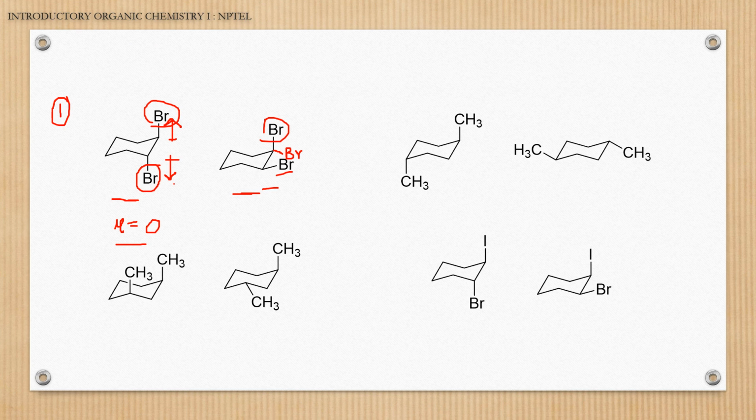That is why it is setting the conformation to a higher level of stability than the cis conformation. Is it clear to everyone why trans is more stable than cis? Although cis has one of the bromine atoms at the equatorial, whereas trans has both the Br atoms at the axial position.